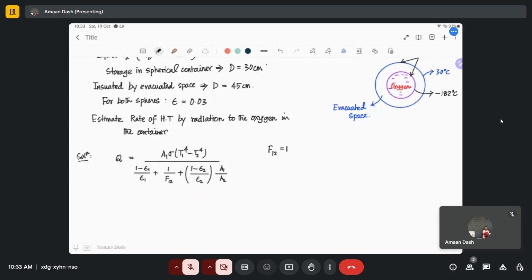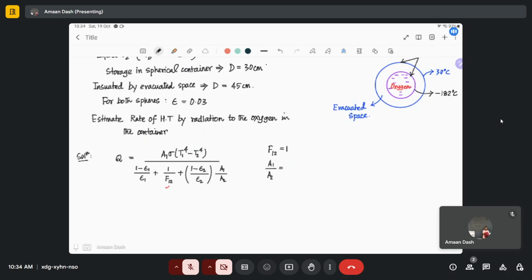F1 to 2 is done, and left is the area ratio, and epsilon 1 and epsilon 2 both are equal to 0.03. So we only have to see what A1 by A2 is.